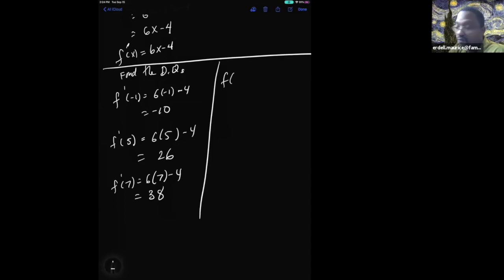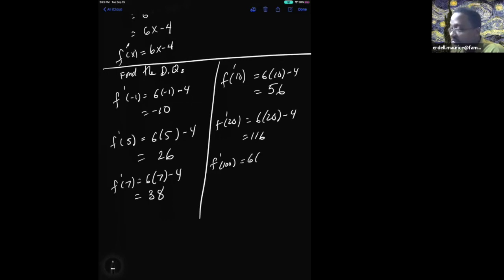F prime of 10 is 6 times 10 minus 4, 60 minus 4, 56. F prime of 20 equals 6 times 20 minus 4, which is 116. And f prime of 100 equals 6 times 100 minus 4, 596. I don't know if anybody timed me, but I found all 6 difference quotients in under 5 minutes. I hope.